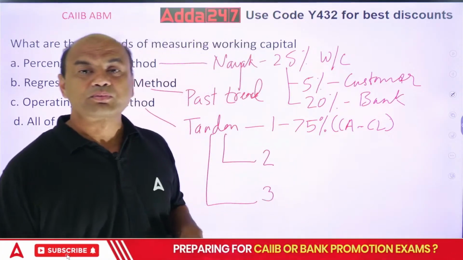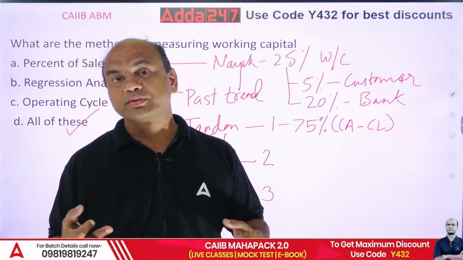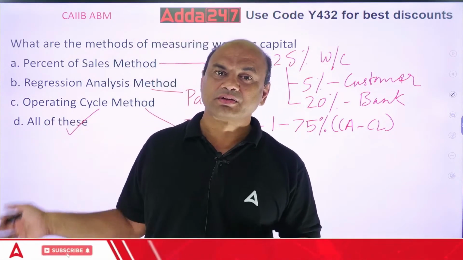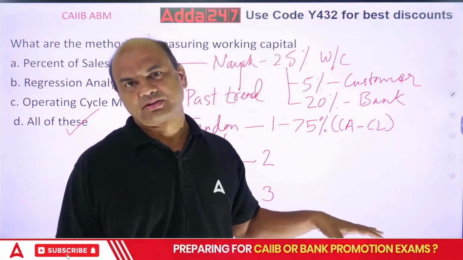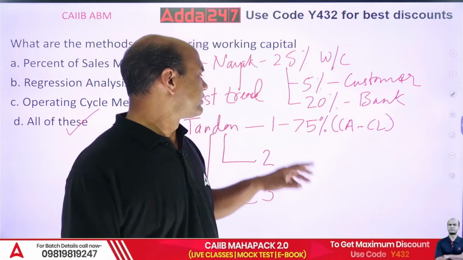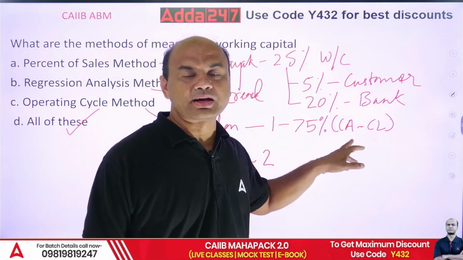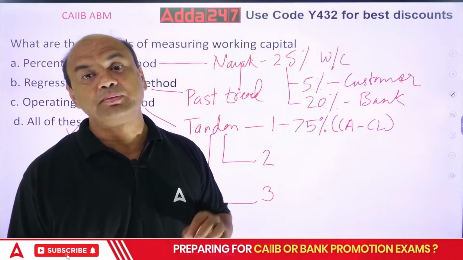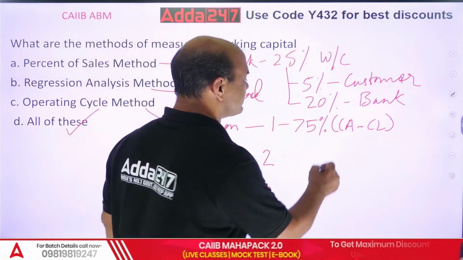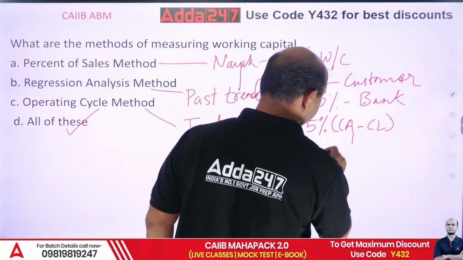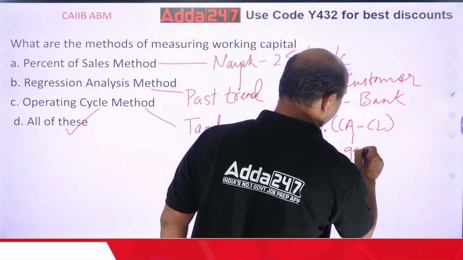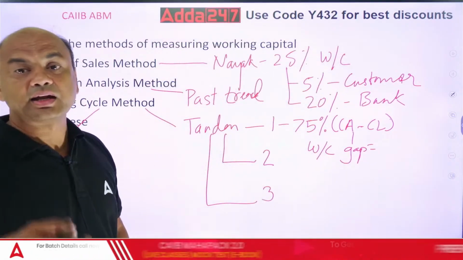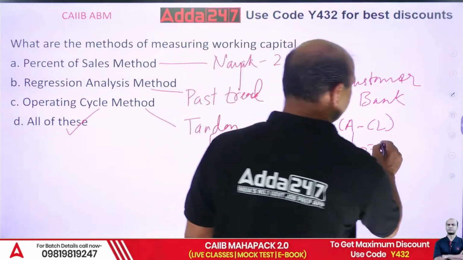So here it is 75% into current asset minus current liabilities. This current asset minus current liabilities is known as working capital gap, or WC gap. Another word for this is NWC, net working capital.